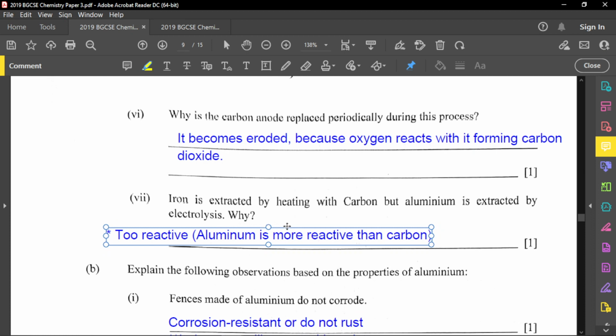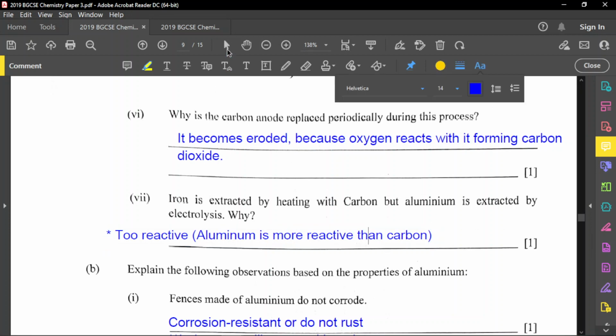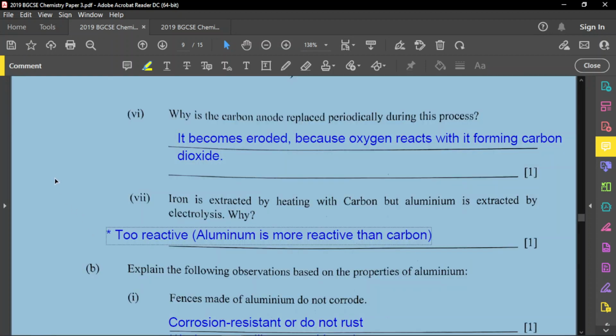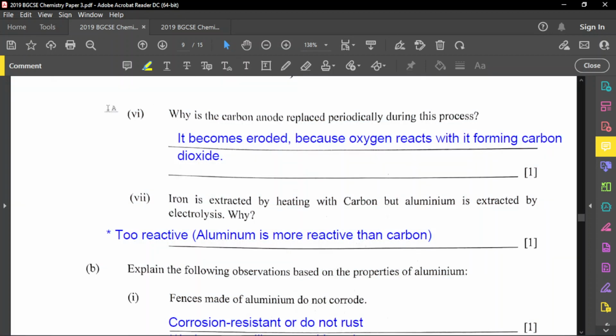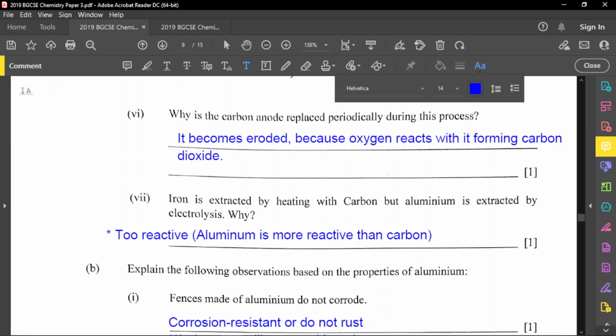And so what I'm going to show you quickly is the reactivity series that you can actually use to guide you in terms of what will use heating with carbon or what will use electrolysis. All right, so let me just run through it real quickly on the side right here. So I'm going to put them on the side real quick. And so let's start here with K, which is potassium.